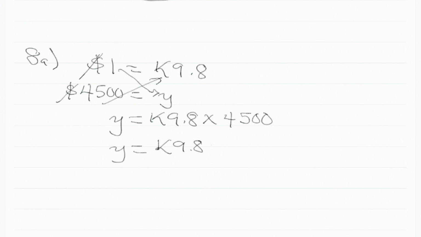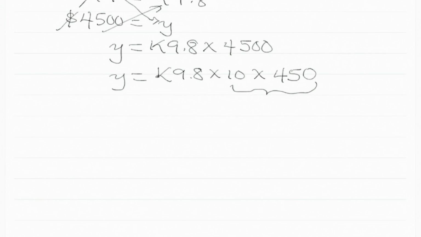To simplify my work, I'll say 9.8 times 10 times 450, because this gives me 4,500. I'm multiplying by 10 so that I deal with the decimal. So 9.8 times 10 is 98 kwacha times 450. Then y will be equal to 98 times 450.